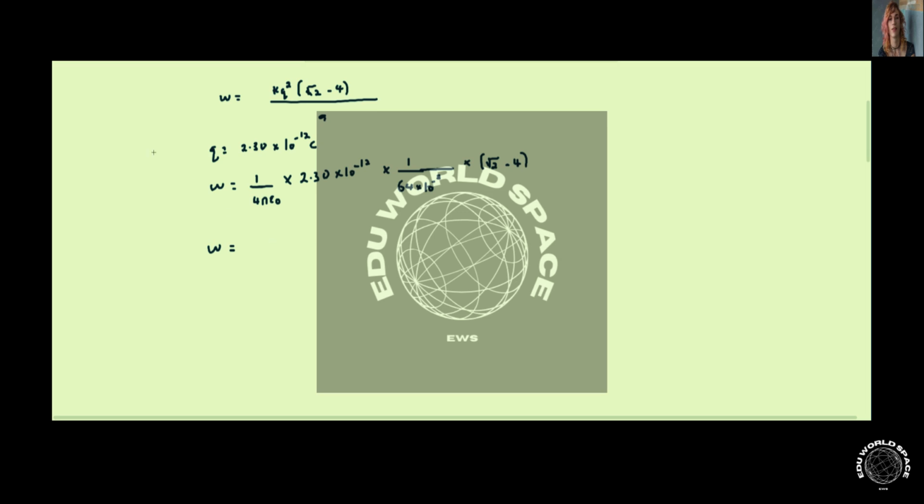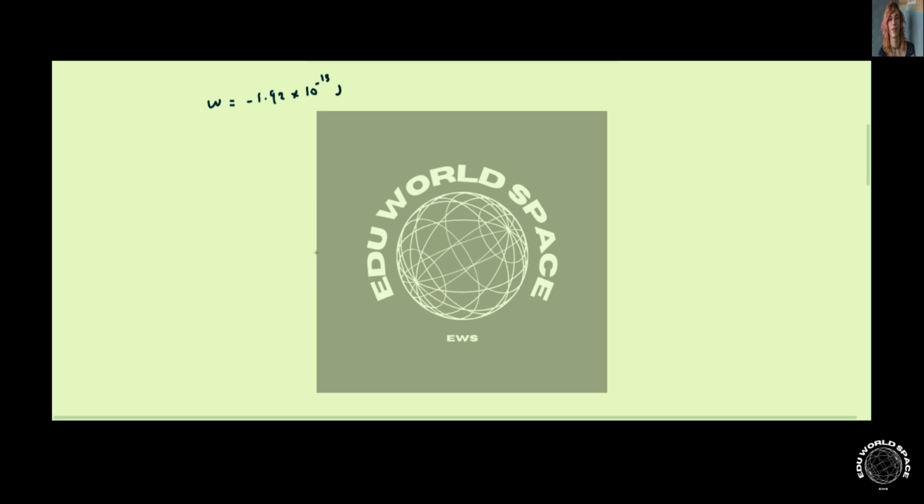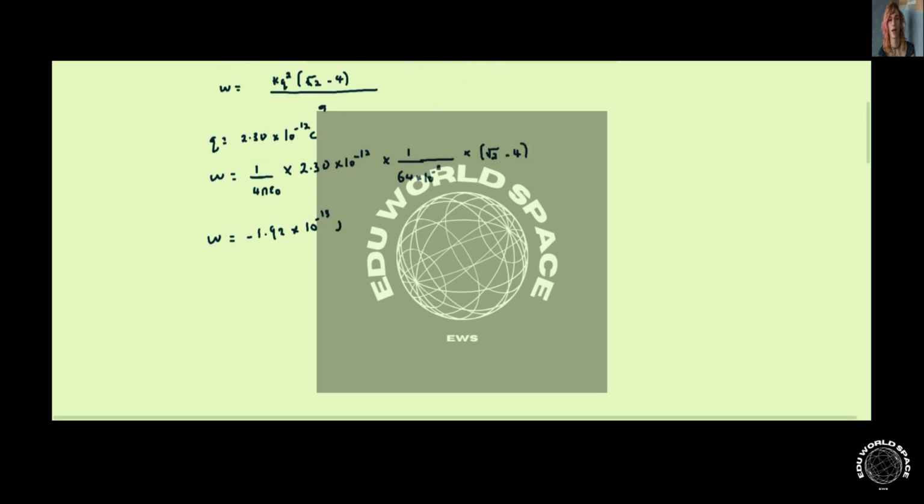You should be able to get negative 1.92 times 10 to the negative 13 joules. There you have it. That's your answer.